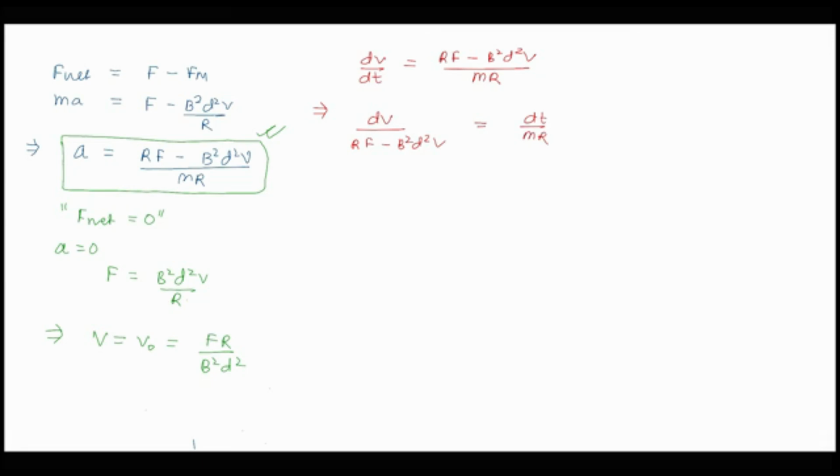Now we integrate both sides. At t equal to 0, the velocity was 0, and after a time t, when the entire loop is entering the magnetic field, the velocity is v.